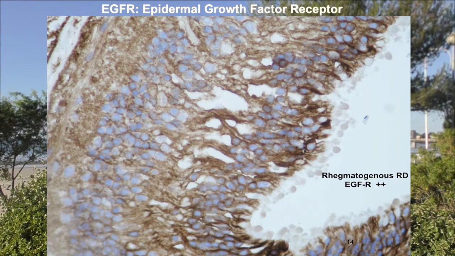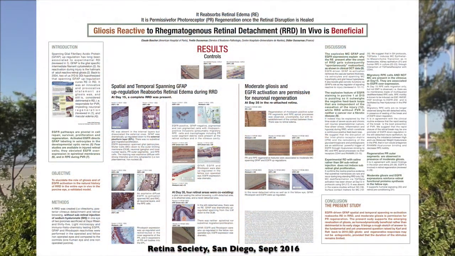Yvette and Claude Bauchet have shown that the creation of a retinal detachment in pigs immediately leads to a very violent activation of EGFR throughout the thickness of the retina, followed shortly after by a radial Müller cell gliosis.